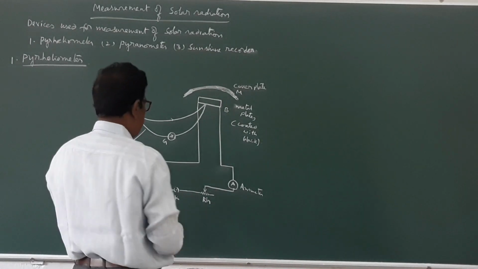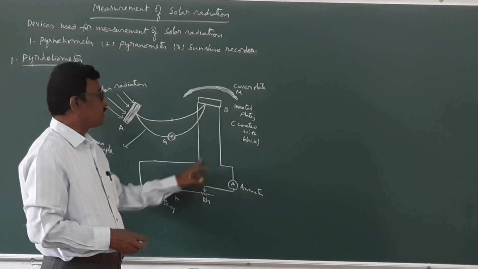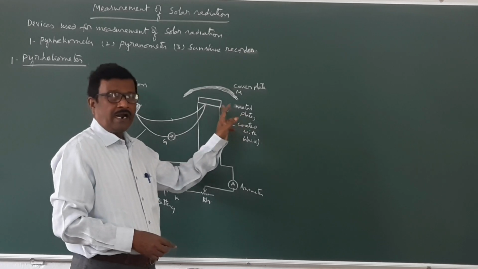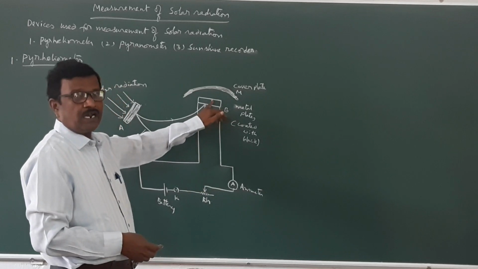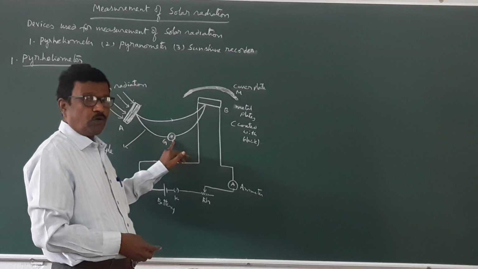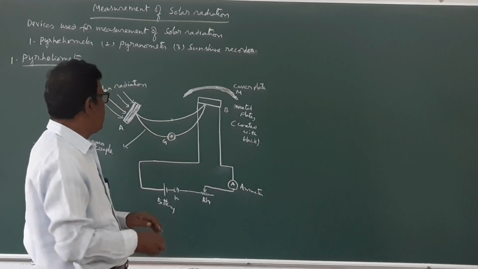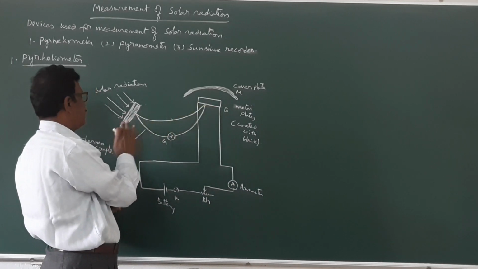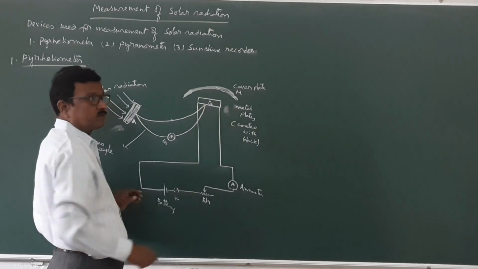At that instant, the current from the external circuit is passed into the plate B and it is heated. The heating is continued till the deflection in the galvanometer becomes zero. When the deflection in the galvanometer becomes zero, then the junctions A and B are both at the same temperature.